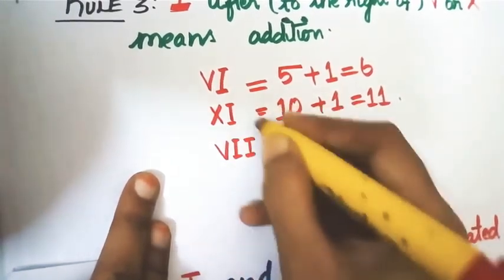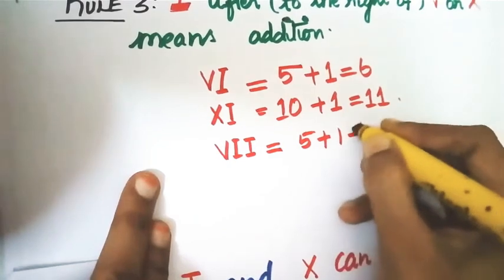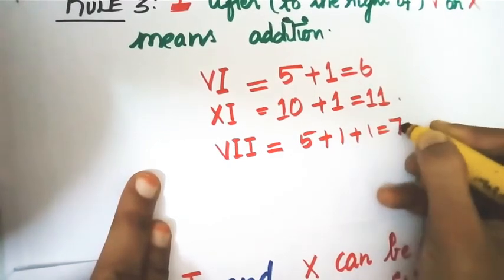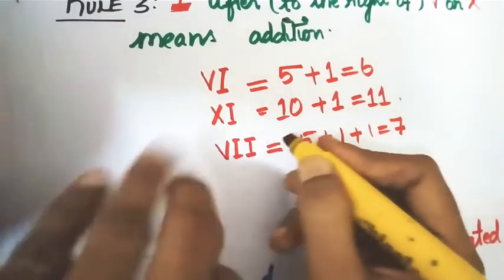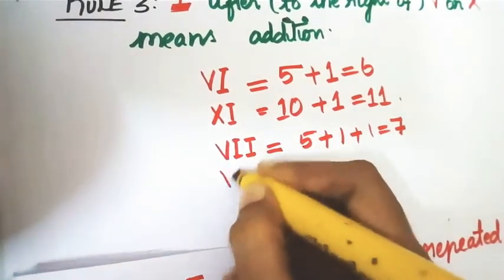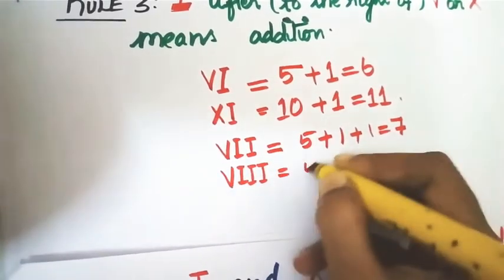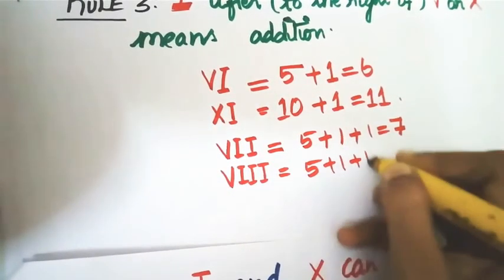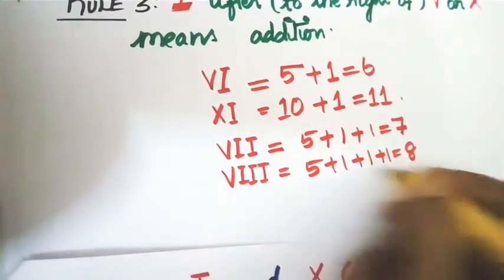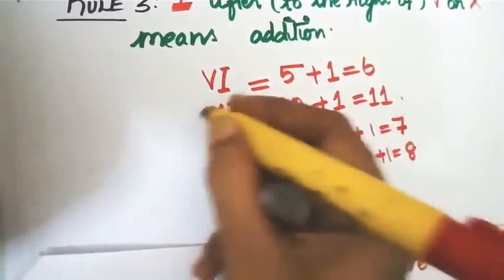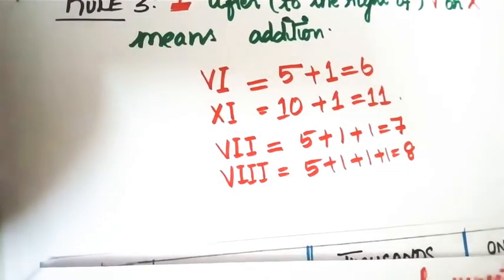What if I repeat I 2 times here? Value of V is 5 and then I 2 times, then the value is equal to 7. VII is equal to 7. Similarly, if I repeat I for 3 times, 5 plus 1 plus 1 plus 1 is equal to 8. VIII is equal to 8.